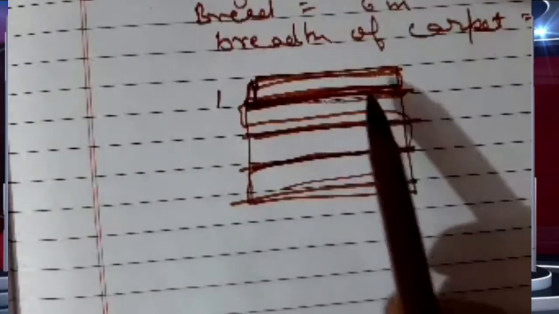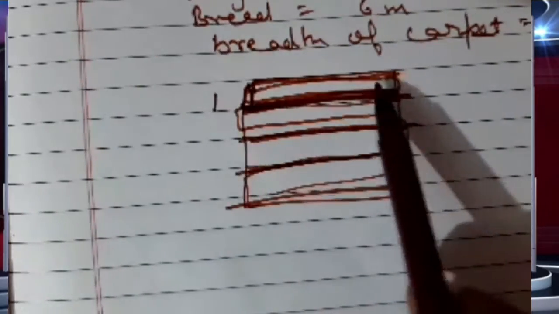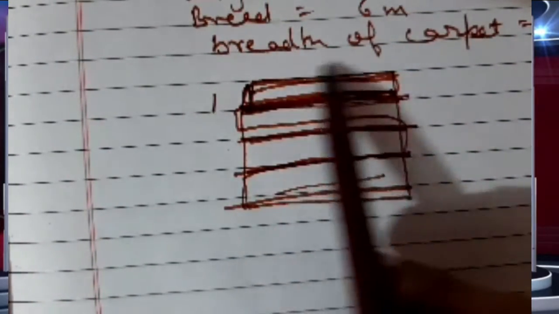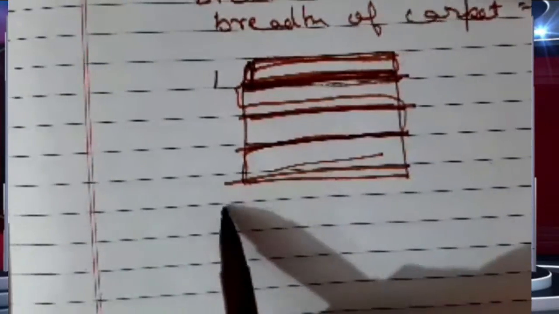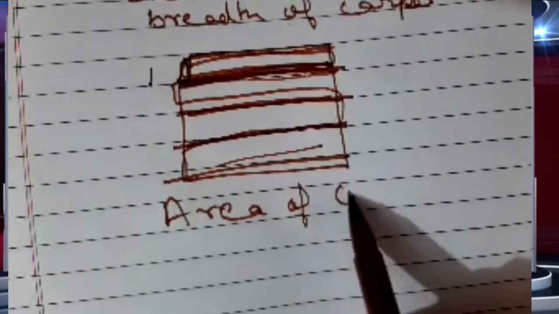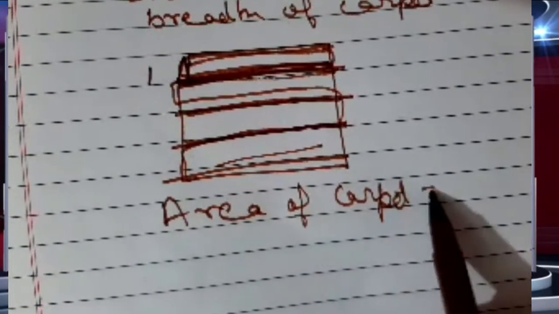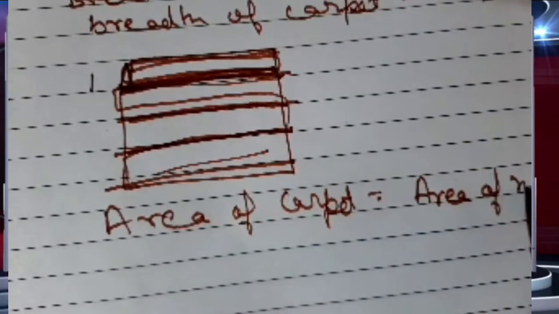Now area of this room will be equal to the area of this carpet, because we have to put this carpet in the whole room. So area of this carpet is equal to area of the room. So what I'll write, area of carpet is equal to area of room.